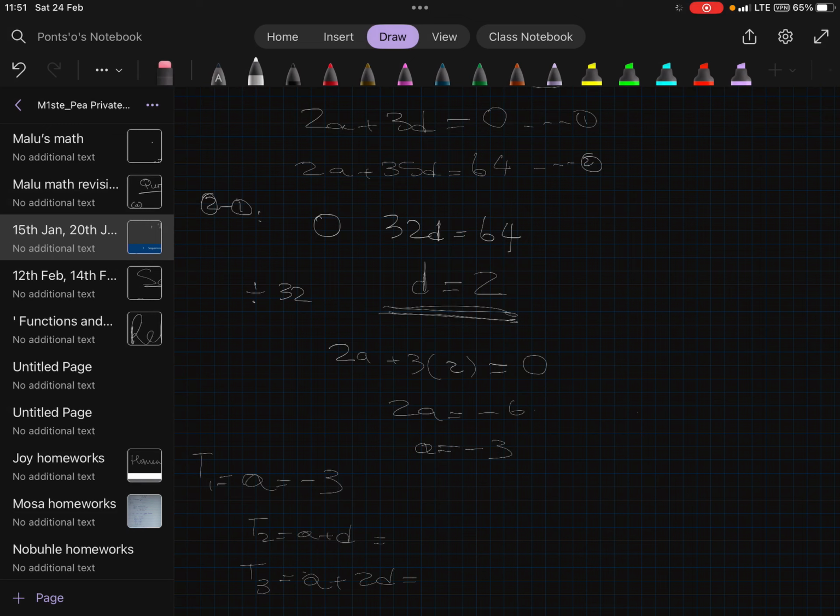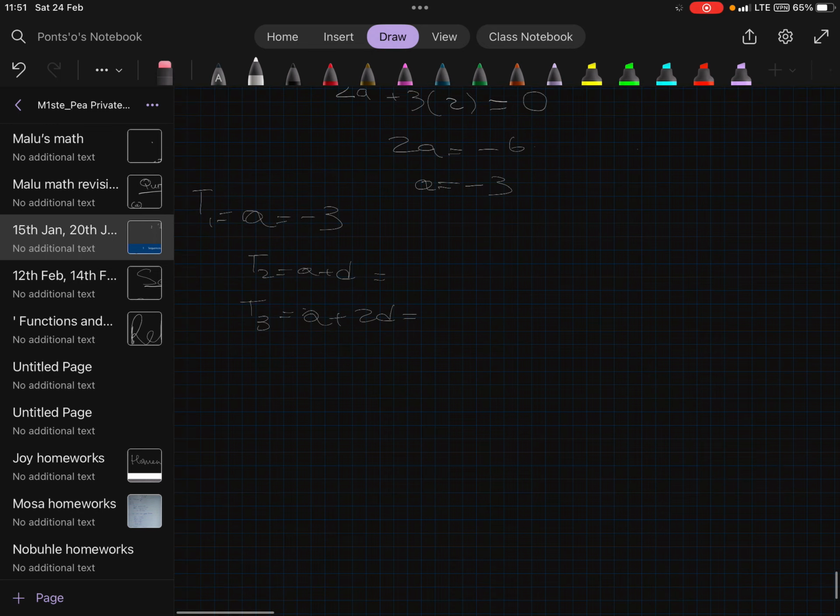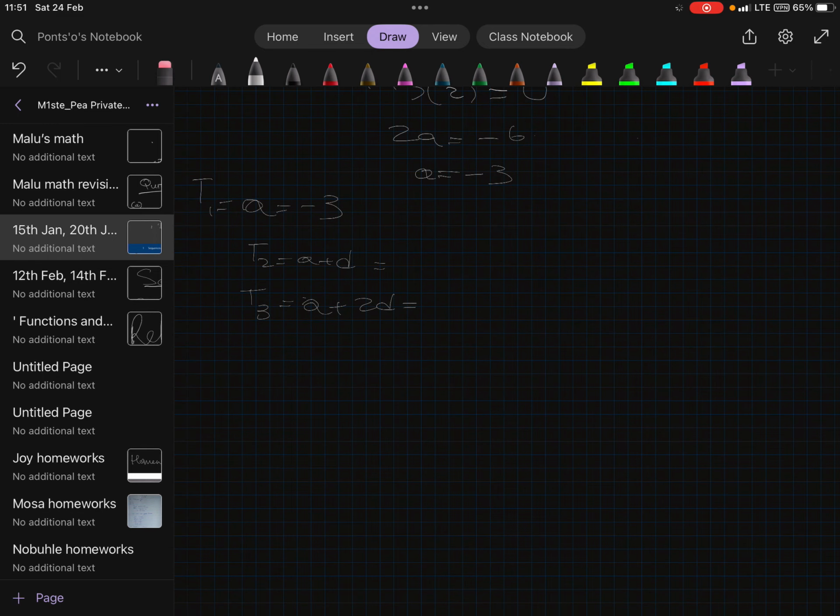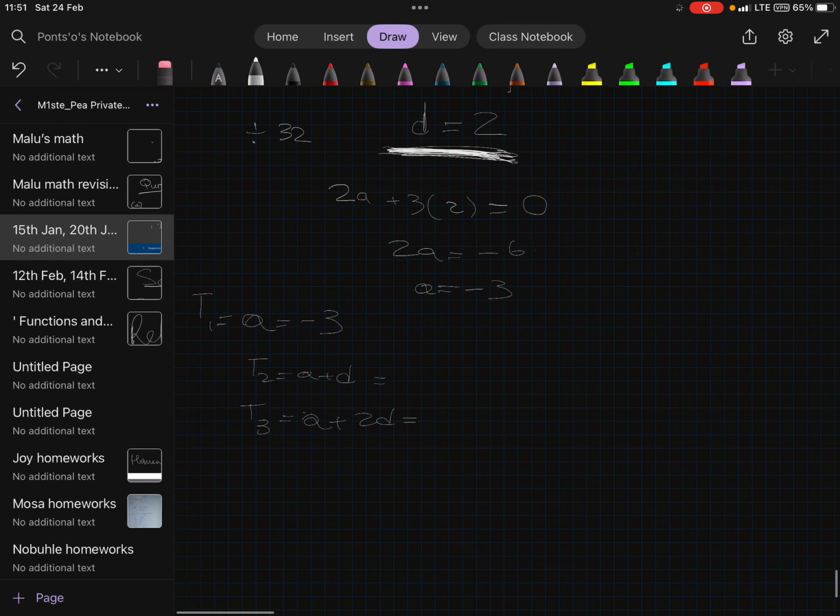So a is negative 3, and if we add our common difference of 2, what do we get? Minus 3 plus 2.